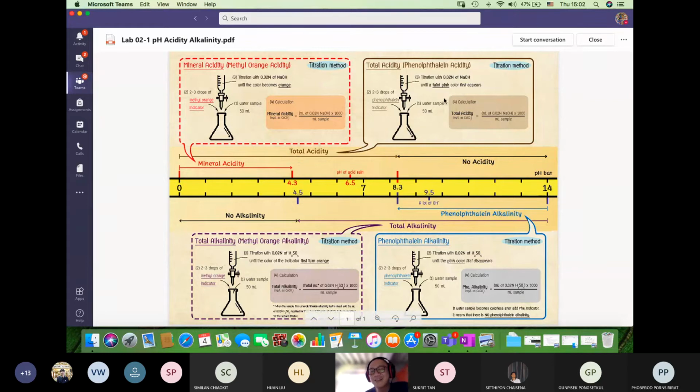For the total acidity, the titrant is the same as for mineral acidity, but the indicator is different.